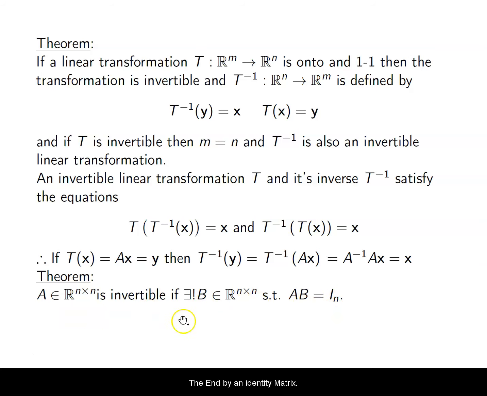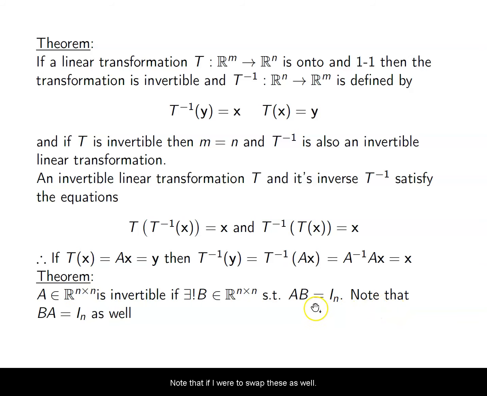Okay, so let's go through this one more time. A is a real square matrix, and it is invertible if there is a unique square matrix with real entries, such that if you multiply A and B together, you will get out the identity matrix that is also n by n.